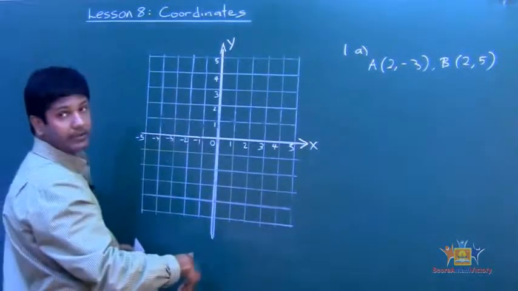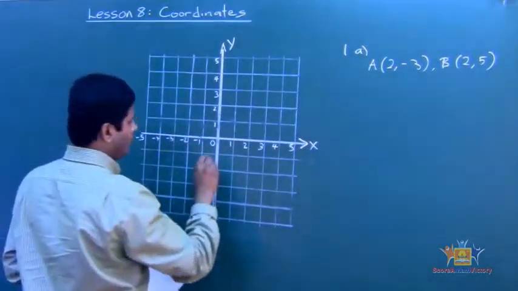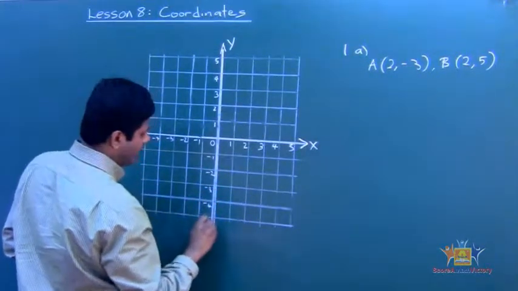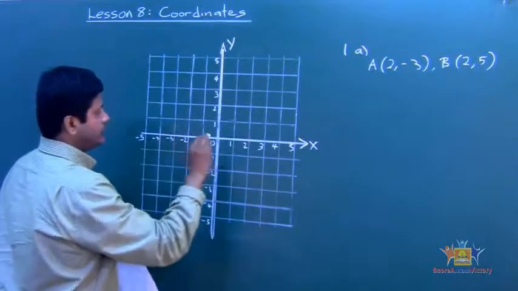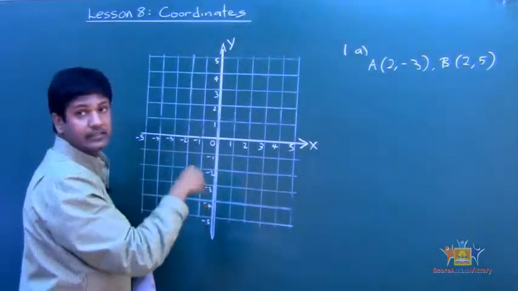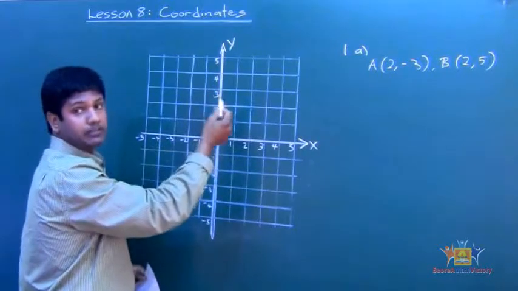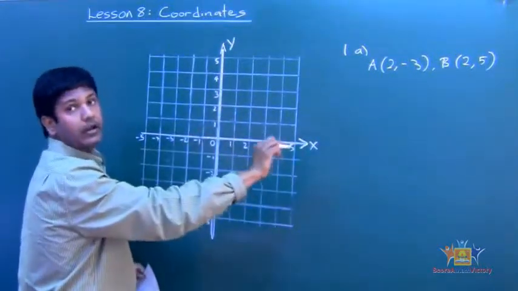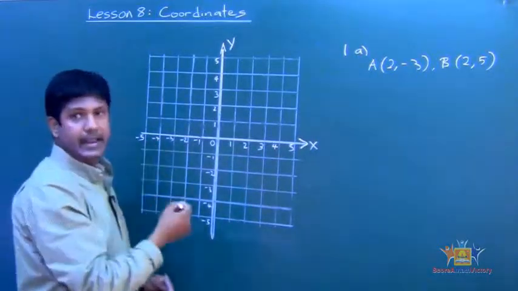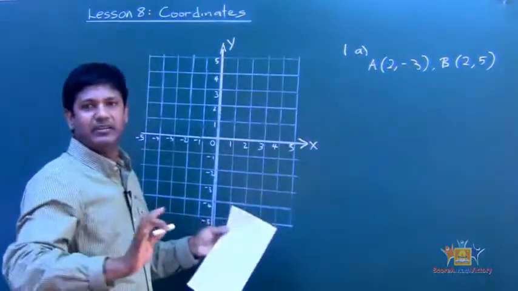And then on the y-axis, when you go down, it will be -1, -2, -3, -4, -5. See that? This is your origin, always the center. When you go down on the y-axis it's negative, and up on the y-axis is positive. When you go right on the x-axis it's positive, and left on the x-axis is negative. That's pretty much easy. You know that.